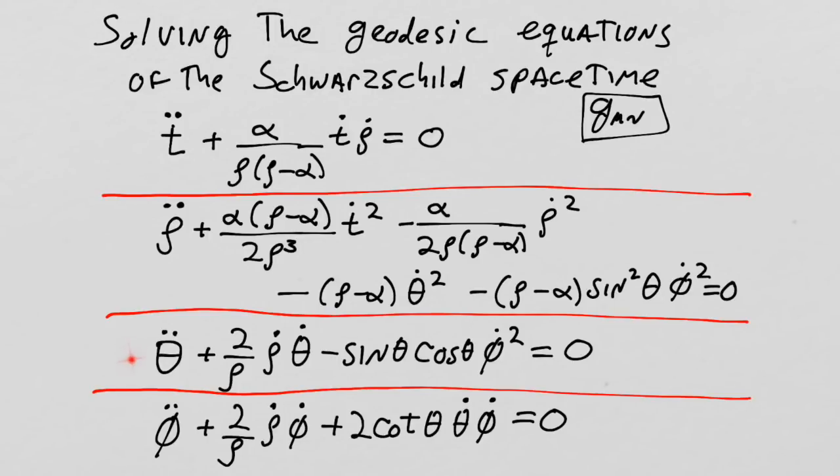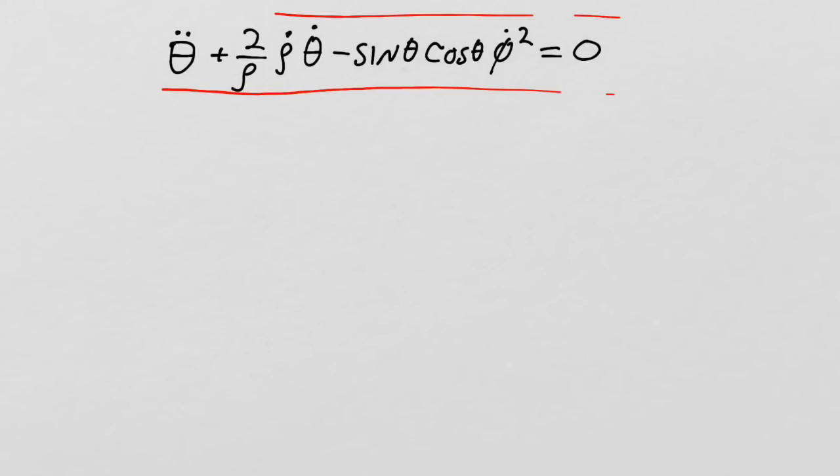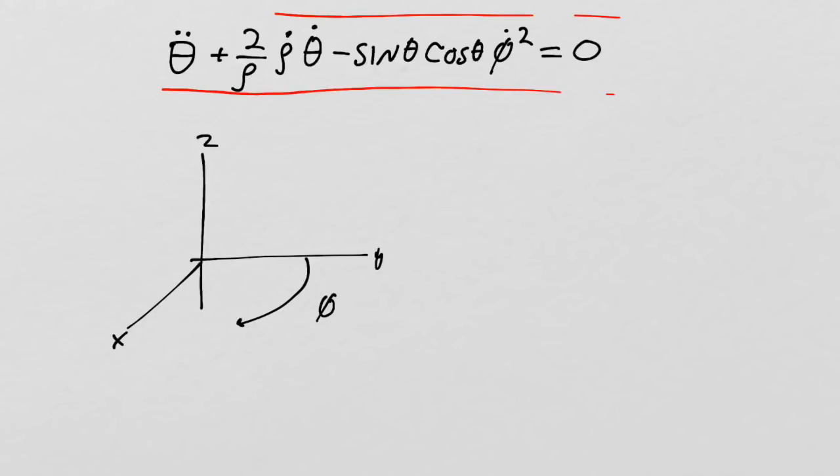So we'll start with the third one. This is the theta equation. Now, remember, theta is still going to be understood and interpreted in spherical coordinates as, we can think of this, the x-axis, the y-axis, the z-axis. This actually is the phi variable, the azimuthal variable, which goes from 0 to 2 pi.